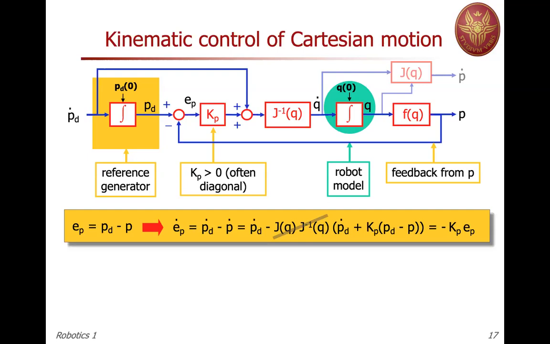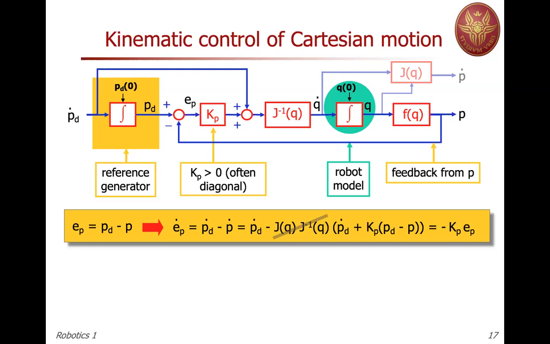Now P dot can be evaluated from the block scheme. You see that, just for analysis, P dot is equal to J of Q times Q dot. But Q dot is J to the minus 1 times the feed forward of the Cartesian velocity plus Kp times the error in the Cartesian space. So in this expression, you have minus J times Q dot, which is P dot, but Q dot is J to the minus 1 times the expression in the last parenthesis, and J times J to the minus 1 cancel.